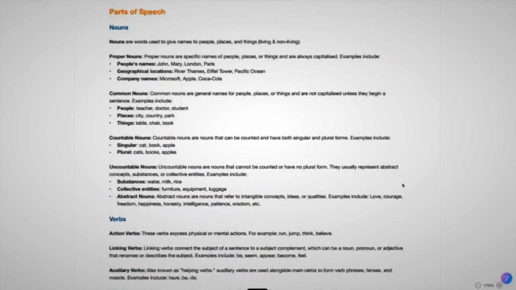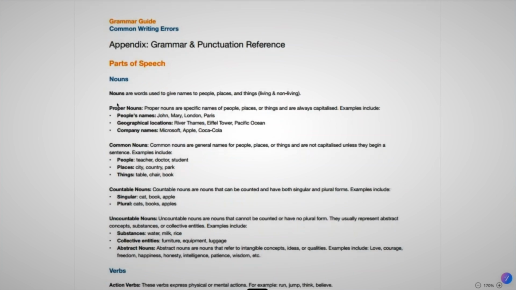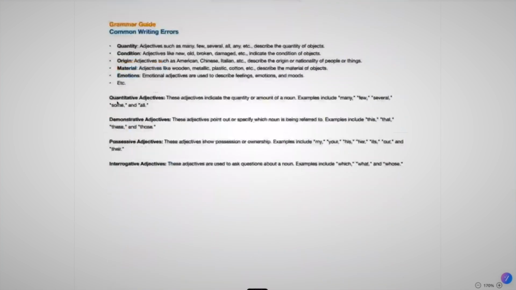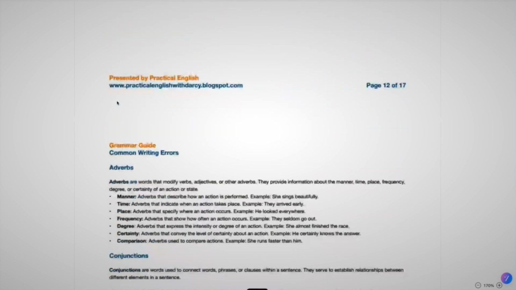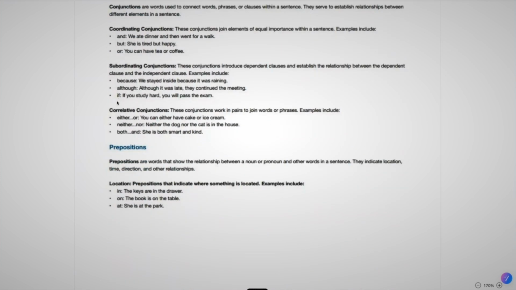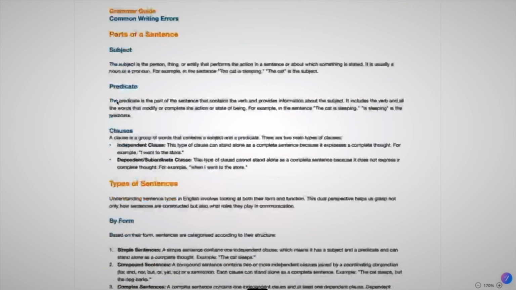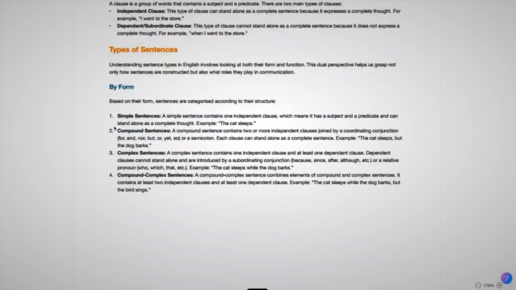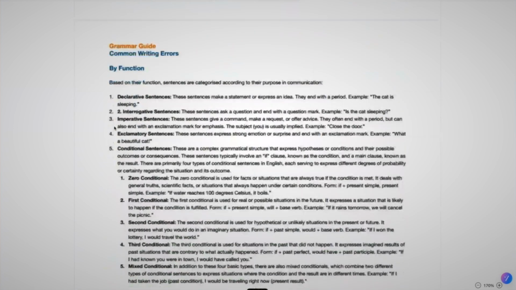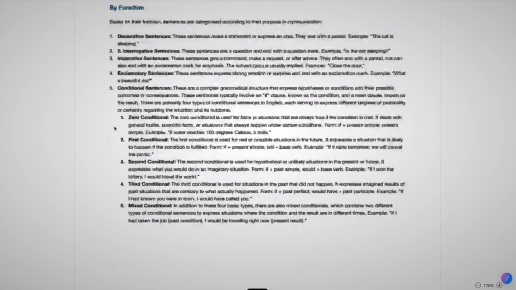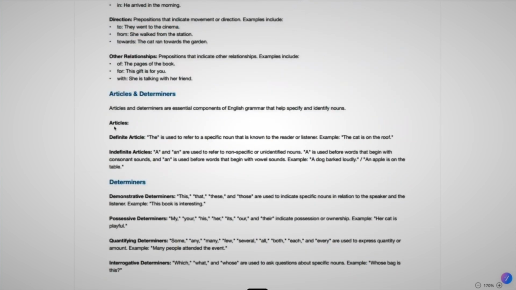You have the types of nouns, verbs, adjectives, adverbs, conjunctions, prepositions, articles and determiners, the parts of the sentence, types of sentences, and punctuation.